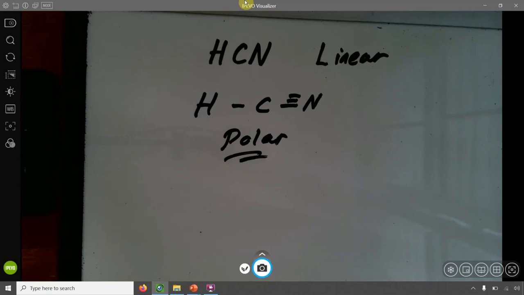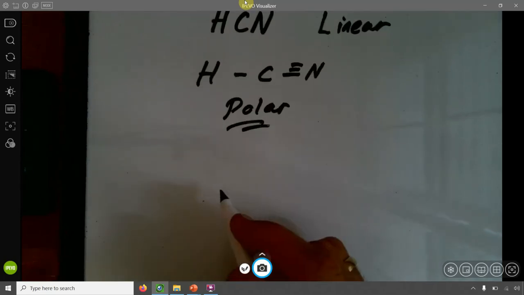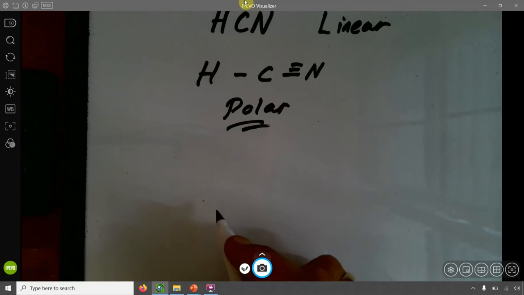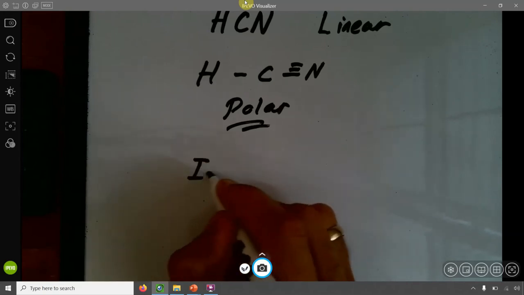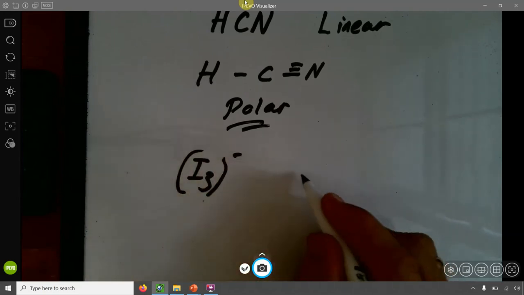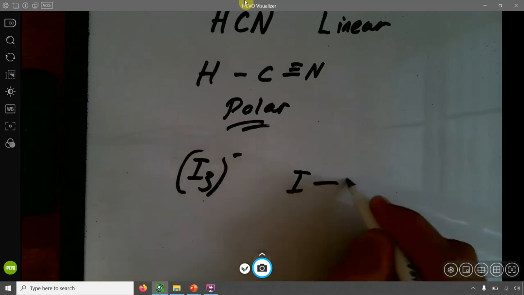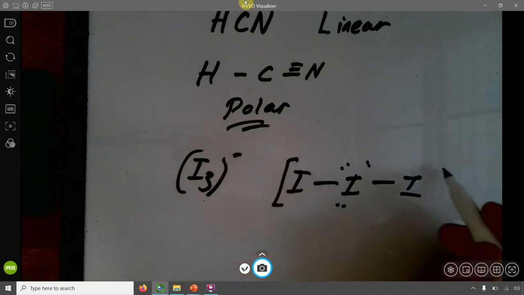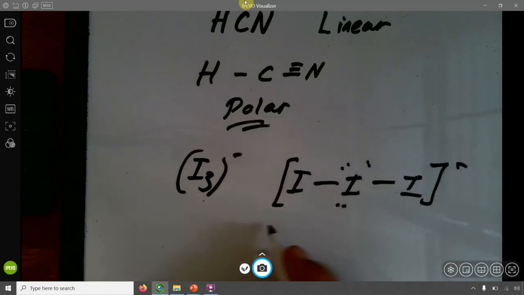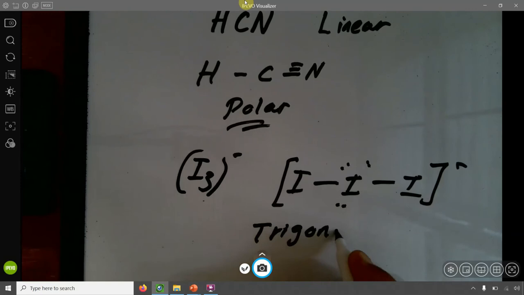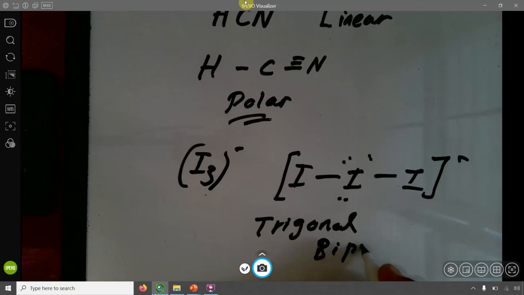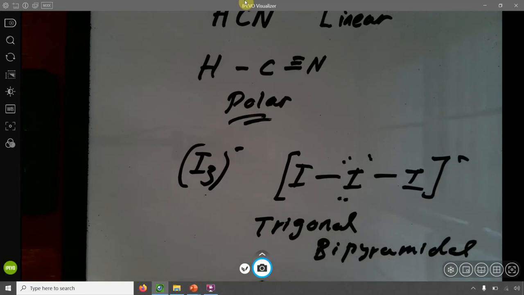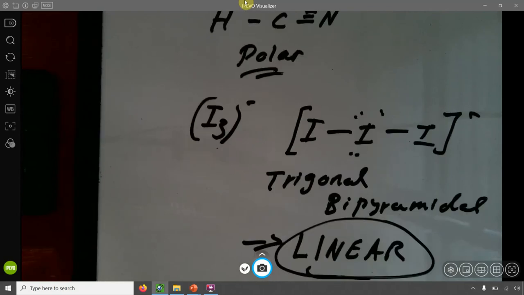All right, let's look at I3 minus, which we already just did. And we said that this looks like this, if you remember. And we denoted that this is trigonal bipyramidal electron geometry, but that the molecule is actually linear.